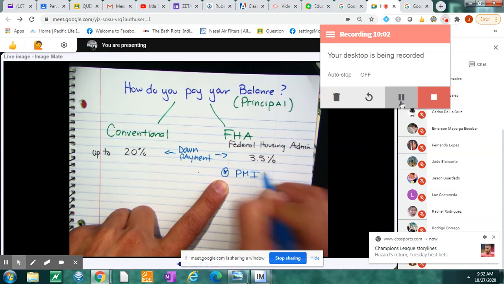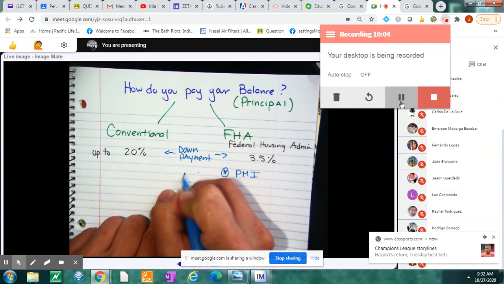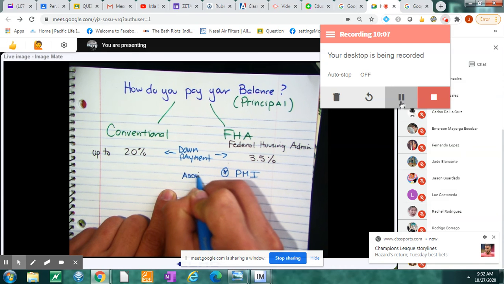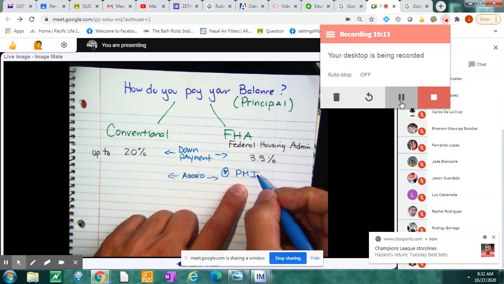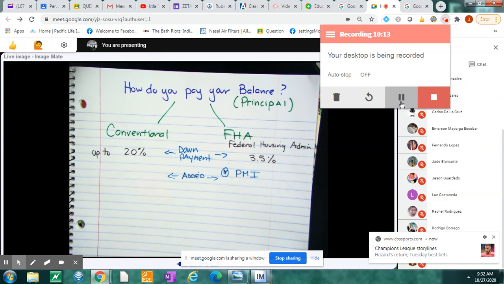PMI is added. So put added. So what's added? It's called the PMI. Why? Because they give you a low percentage, right? You've got to qualify, but then you have to pay what's called the PMI.